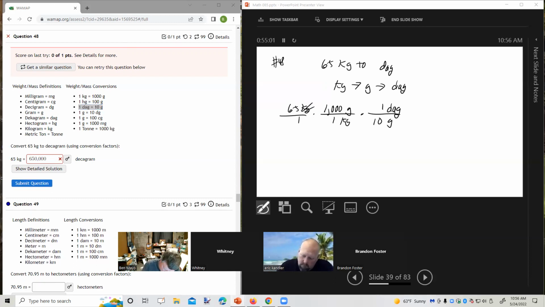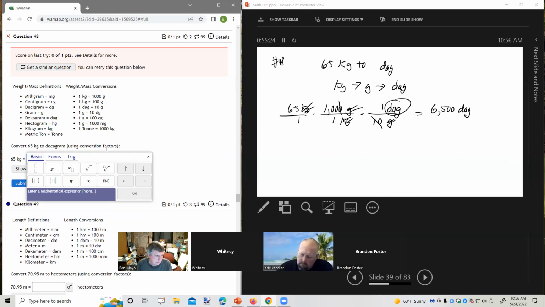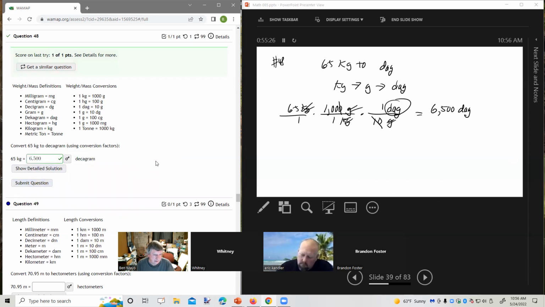Okay, so kilograms go, grams go, we've got decagrams. I can get rid of a 0 on top and a 10 on the bottom. 65 times 100, 6,500 decagrams. Let's try that. There we go. So subtle, and yet I missed it. Okay.